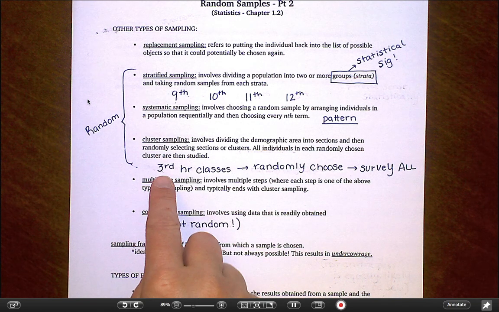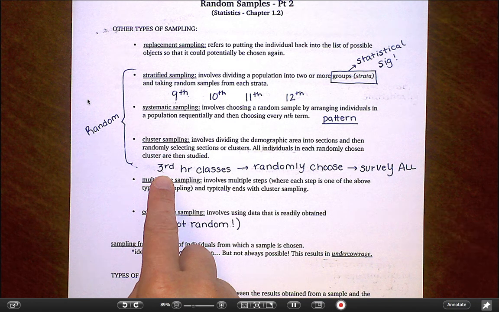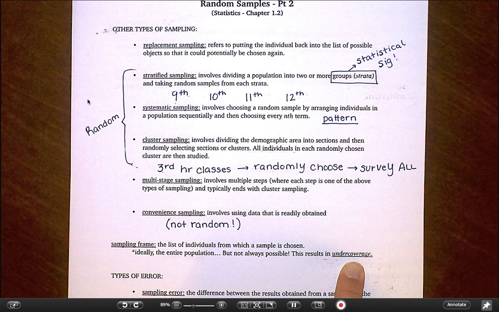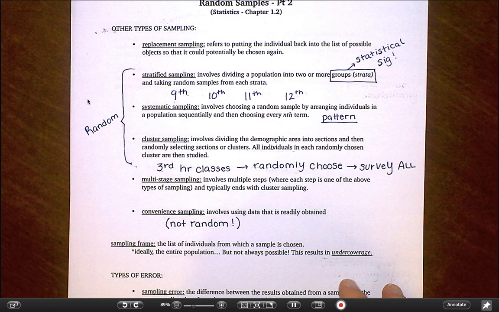What about the students who don't have a 3rd hour class? What about the students who are taking an online class or who are dual enrolled or something like that? Those students were automatically excluded from the sampling frame. And that means that I technically didn't represent my whole population because there are some members of the population that did not get included. Okay, so that's what undercoverage is.